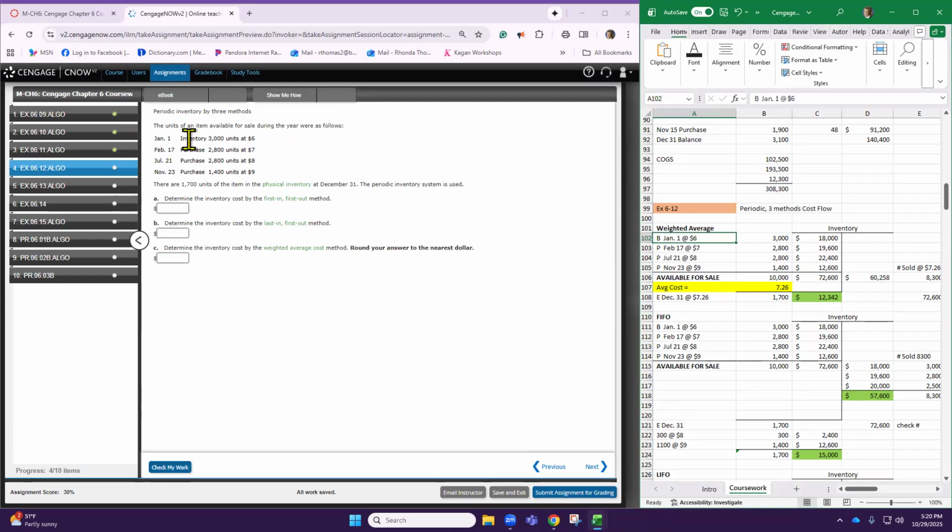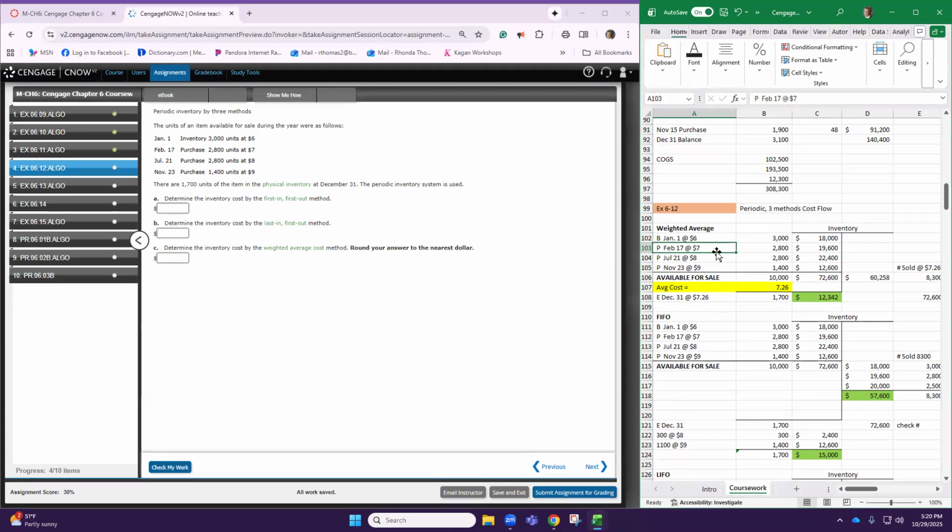On January 1st, we have 3,000 units at a cost of $6 each. All right, so we've got 3,000 units times $6. So we start with inventory of $18,000. Then you just simply put in your purchases.